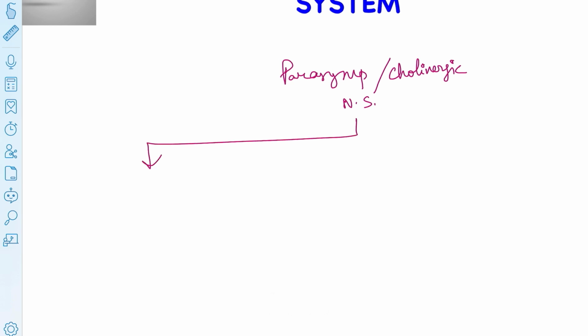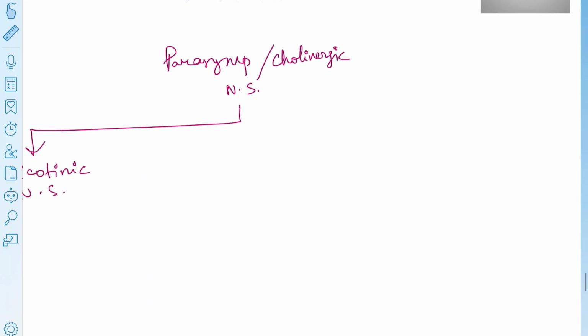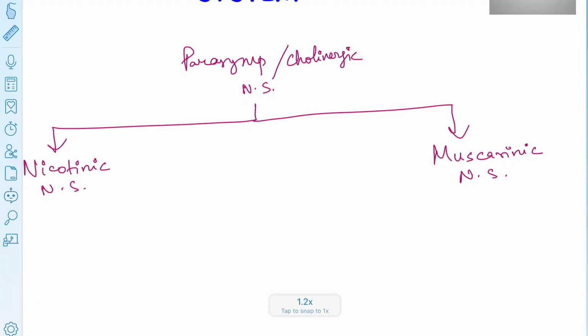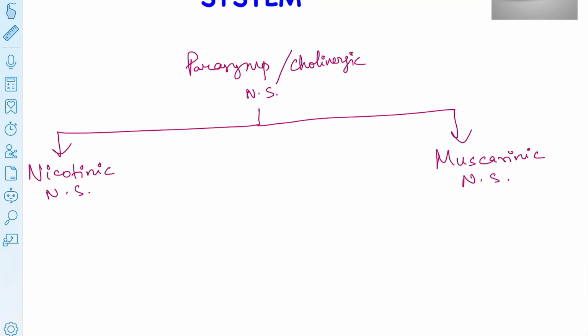One is the nicotinic nervous system, and the other is the muscarinic. Both of them have different types of receptors involved, and they play different roles.